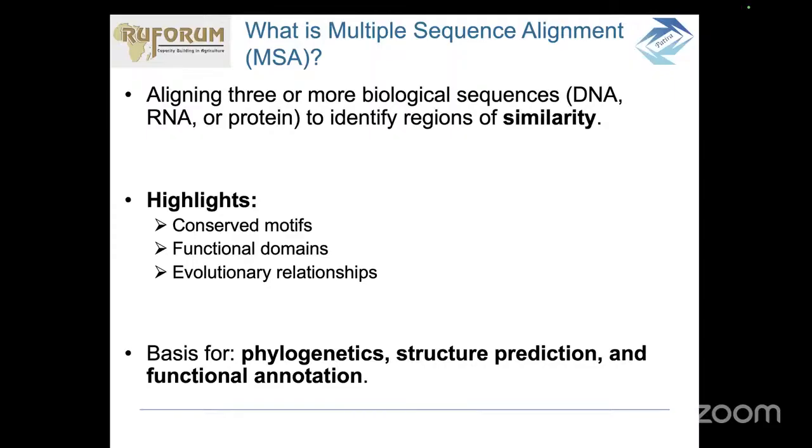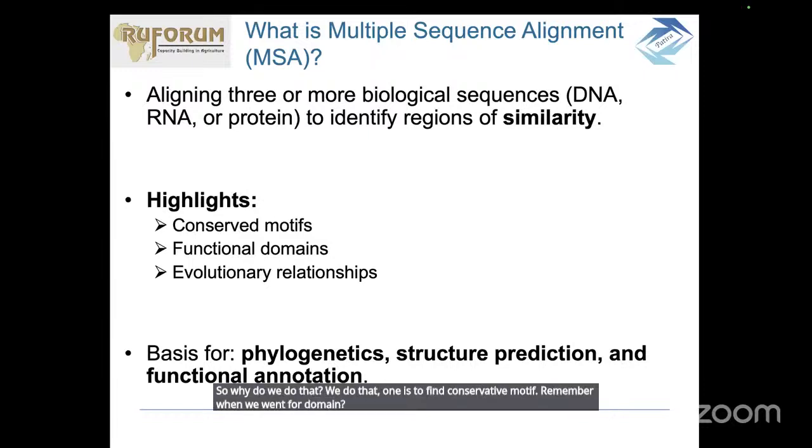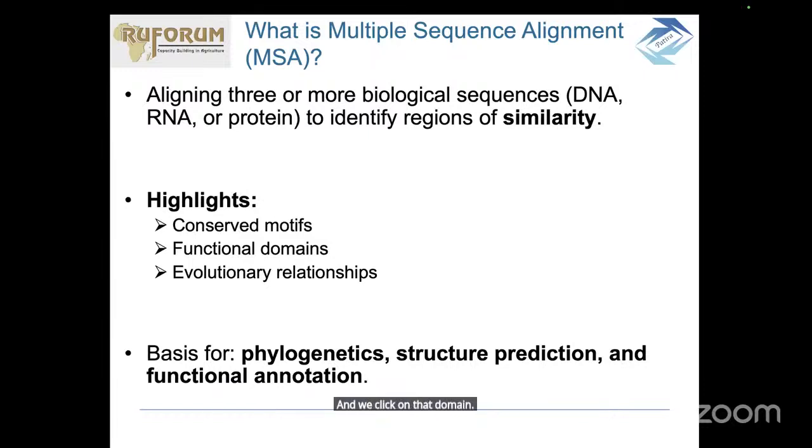We do that, one, to find conserved motifs. Remember when we went for domain and we clicked on that domain, how did AlphaFold get that domain? Because AlphaFold took our protein and aligned that protein in that database with all other proteins, and that's how the domain came in, okay?